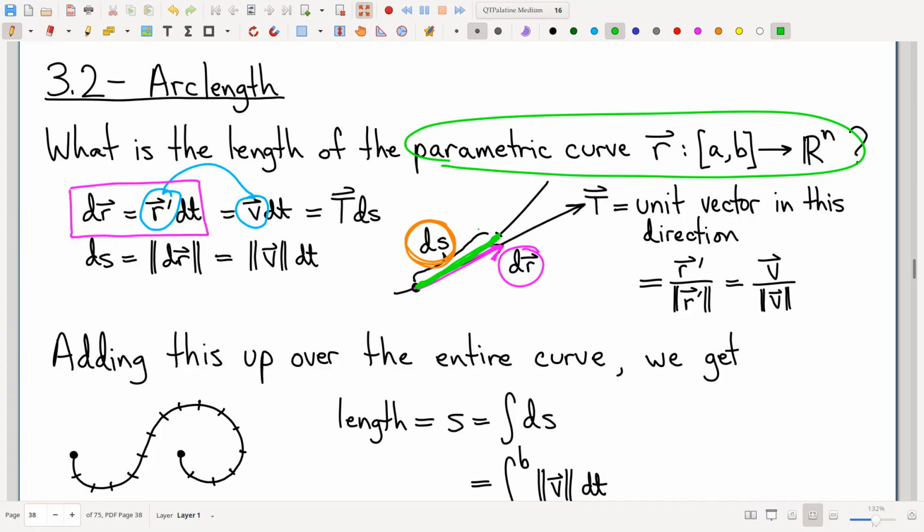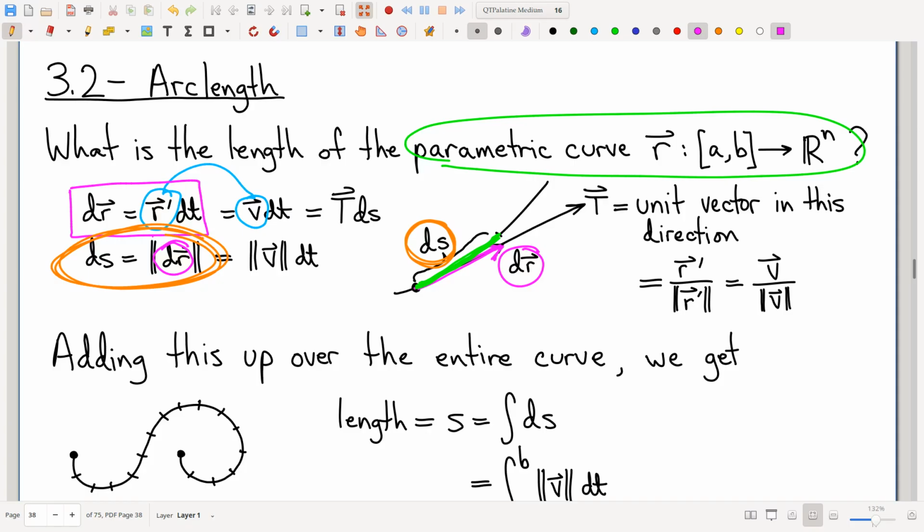And I think a pretty reasonable case could be made that ds is the magnitude of dr. If you think about it, dr tells me both what direction I'm estimated to have moved, and how far I've moved in that direction, and how far I've moved is the same as the length of the path along which I've moved.